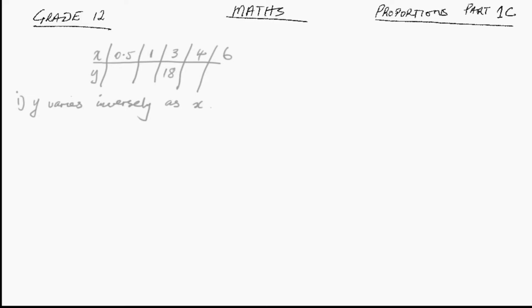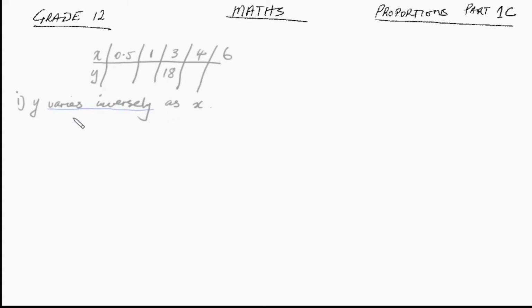This varies inversely is a key phrase. So if it varies inversely, that means when y increases, x decreases, or when y is decreasing, then x is increasing. That's inverse proportionality, what we discussed.